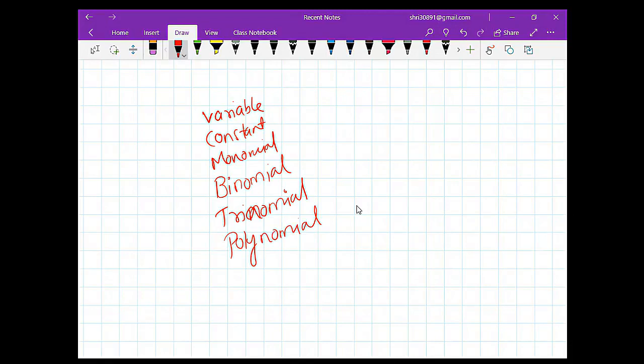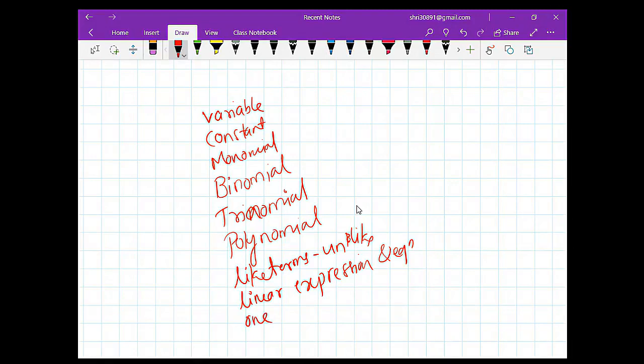Then like terms and unlike terms. After that, linear expression and equation. And then in this linear, one variable and two variable. Yes, all those things you have learned in this class.